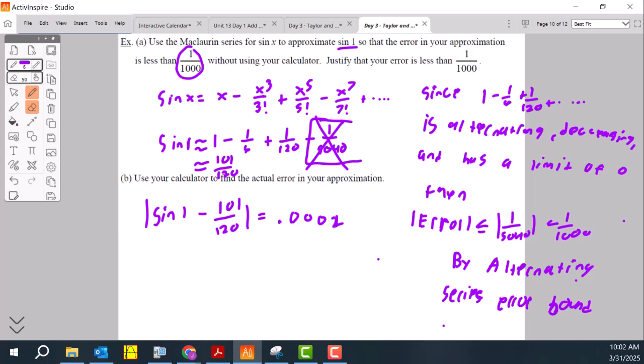So this is a pretty accurate approximation. We're within 2/10,000ths of the right value, which is a pretty good approximation for by hand, if I do say so myself.